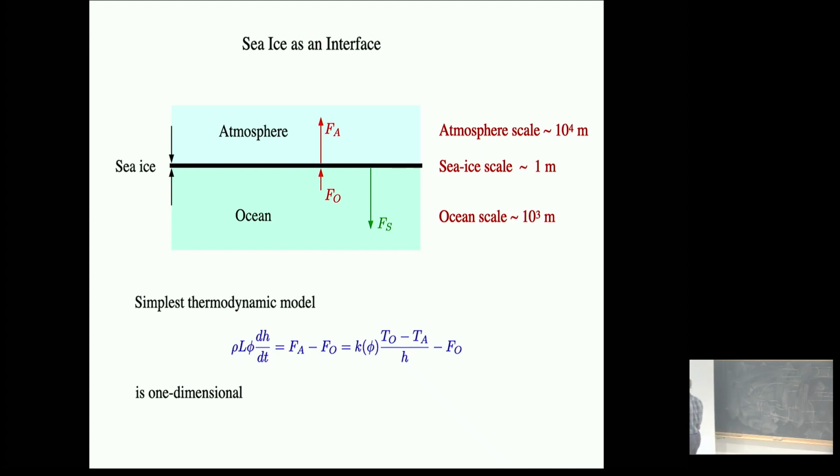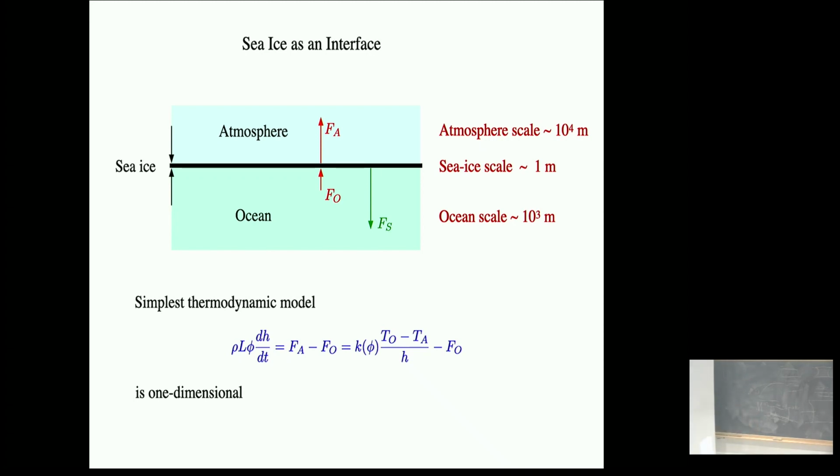On the other hand, if I'm talking about a climate model, we are having to use a resolution that will typically resolve an atmosphere of about 10 kilometers thickness, an ocean of a kilometer thickness. And as far as those models are concerned, sea ice is this rather thin, 1 meter thick interface between the ocean and the atmosphere.